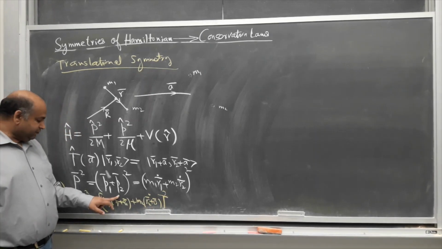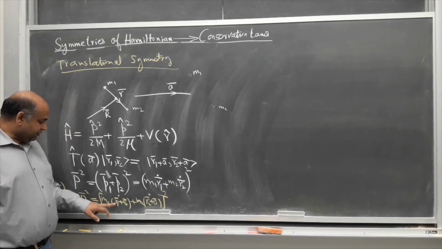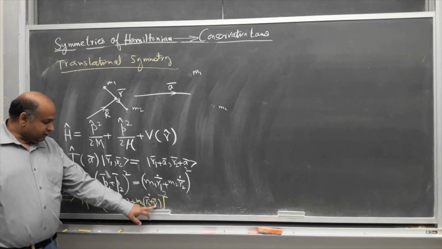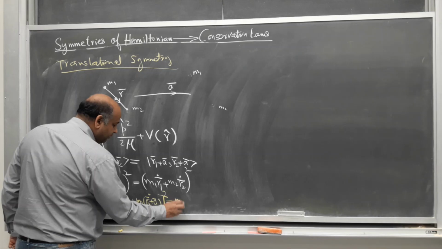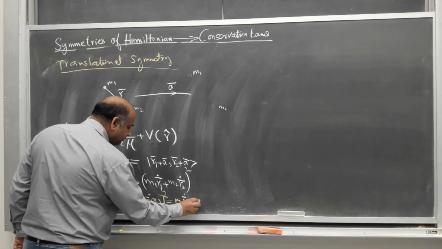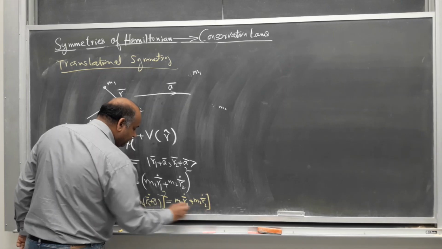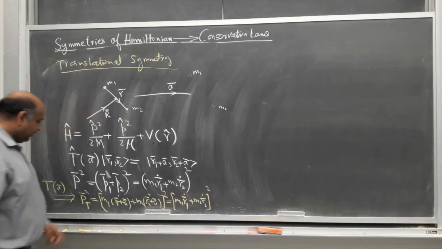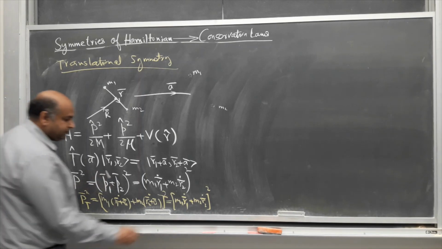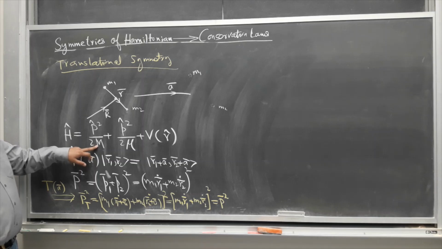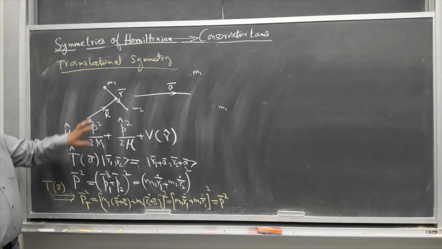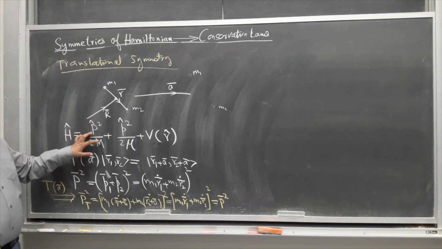Now you see this derivative will have to be taken of both of these factors individually, and since this is a constant factor, their derivative will be 0, and we will be left with m1 r1 dot plus m2 r2 dot whole square, which is nothing but this P square. So this term, when it translates under this translation operator, remains the same.